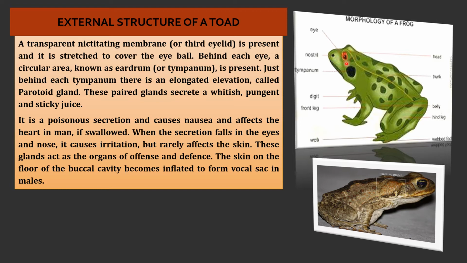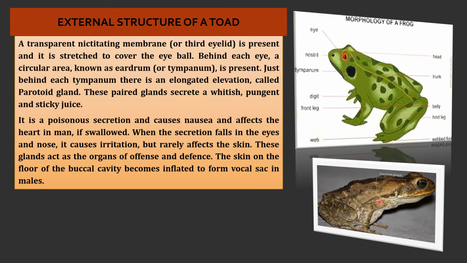Now, the next one. Just behind each tympanum, there is an elongated elevation called the parotid gland. So, behind the eye, there is the tympanum, and behind the tympanum, there is the parotid gland. Please see the second diagram. Here, you can see this is the eye of a toad, and obviously, this is the tympanum.